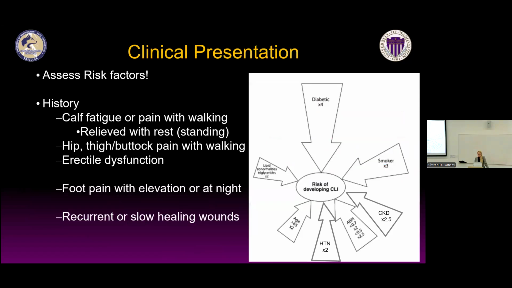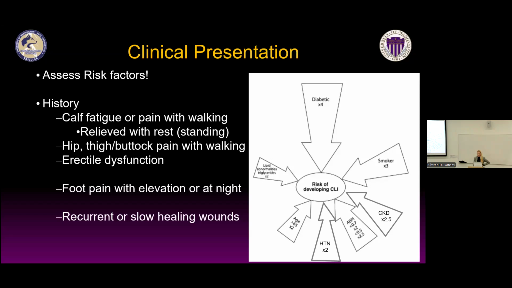The history and physical are really cornerstones of the initial evaluation of patients coming in with lower extremity pain. Symptoms typically involve the same muscle groups each time and are not associated with any tenderness to palpation. Most patients will describe calf, buttock, or thigh pain when describing claudication.